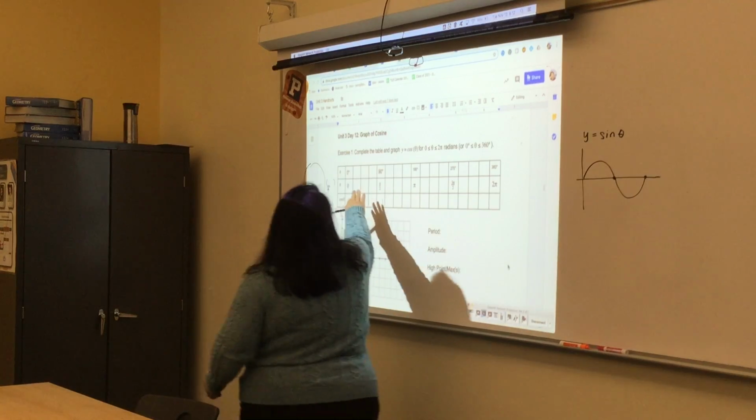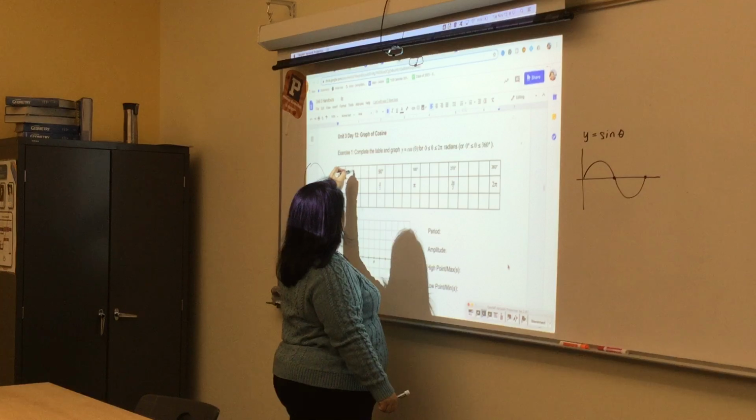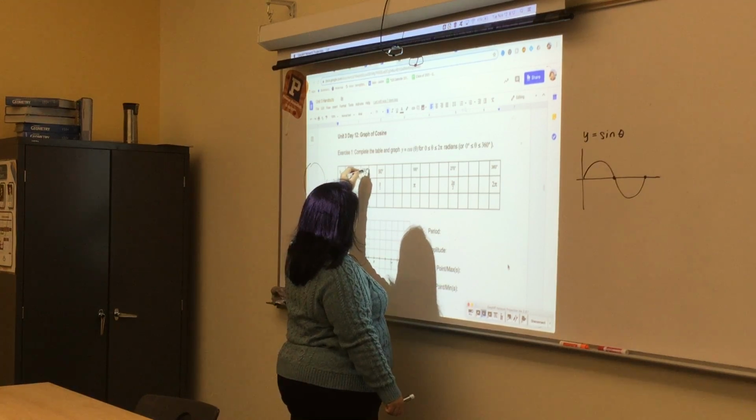Okay, so start filling in all those common angles. If it helps, start with degrees. We know it's 30, 45, 60. You guys have a head start, so I'll go.